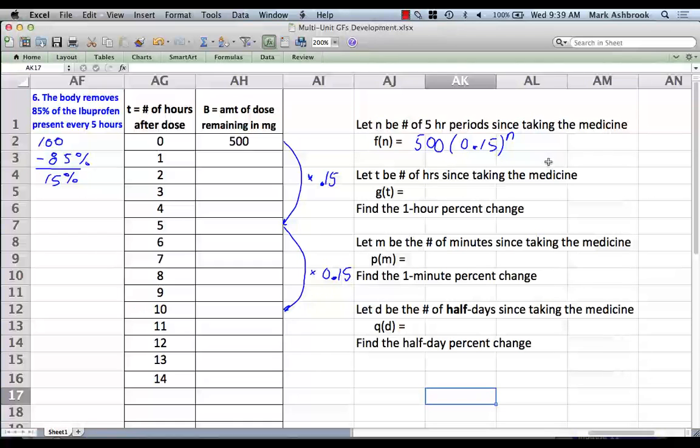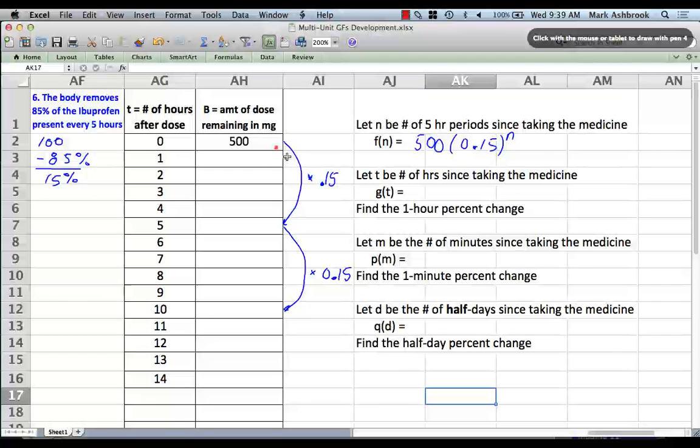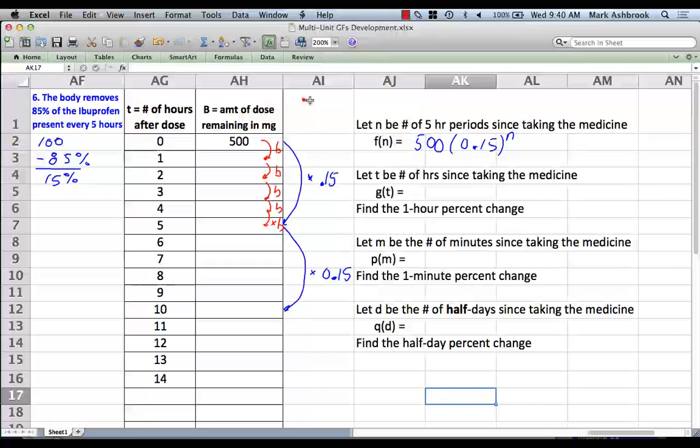We're going to do this one more time because it's really important. Now we're asking for some value B that, if you multiplied by B, you'd get the amount remaining 1 hour later. So how does B relate to 0.15?